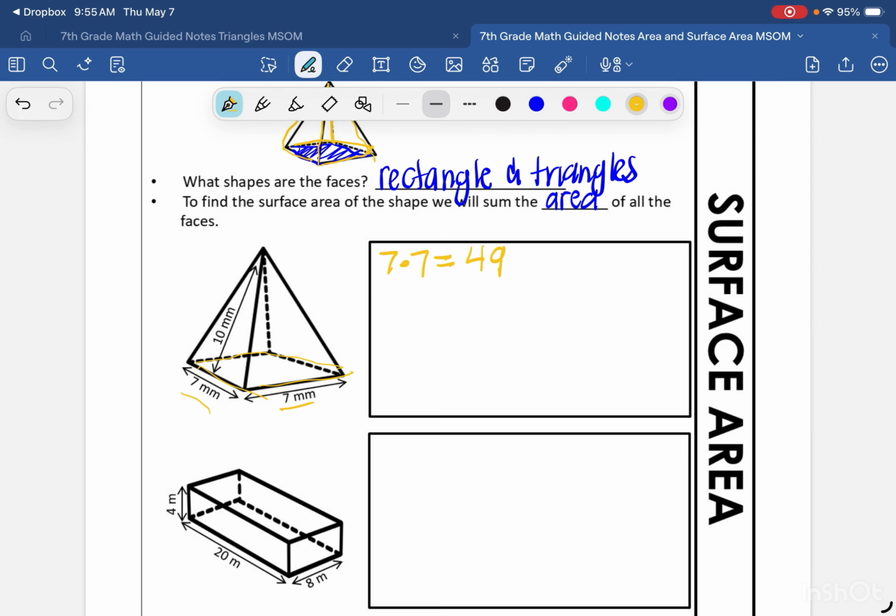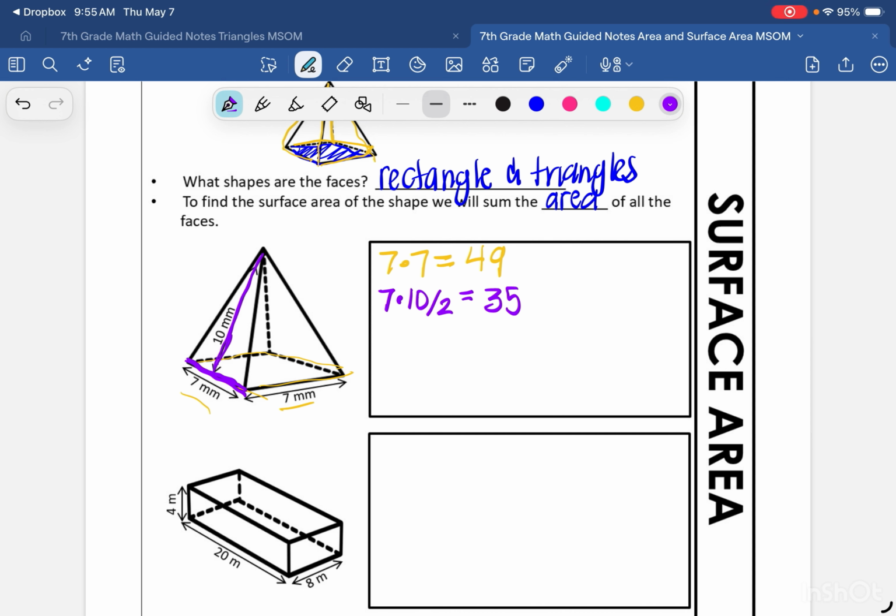And then I need the area of my faces here on the side. Now, since they're all 7, so the base is 7 and this perpendicular height right here is 10. So that means that the area is going to be the same for all of them. So for one of them, it's going to be 7 times 10. And then I'm going to divide that by 2 because it's a triangle. And that gives me 35.